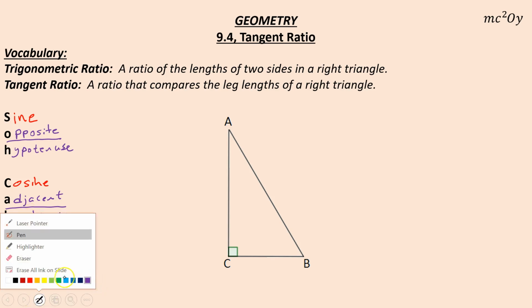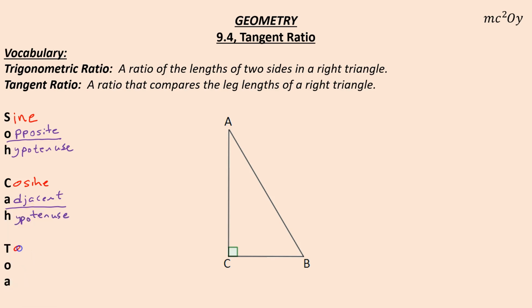And then the one we're studying today is tangent. The tangent is equal to the opposite side over the adjacent side. Okay, and so we have SOHCAHTOA there.